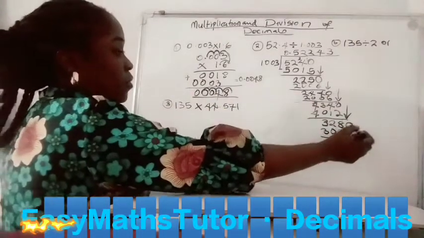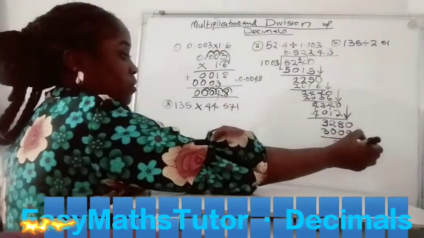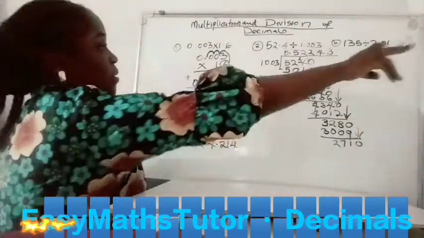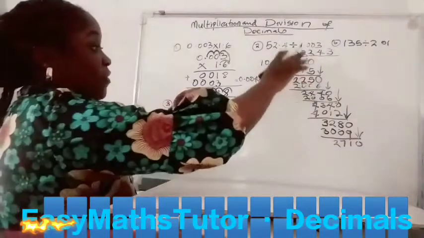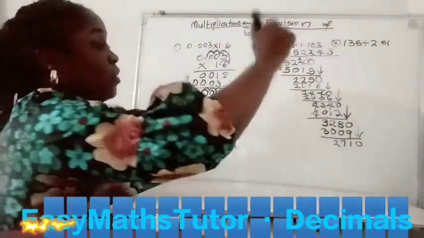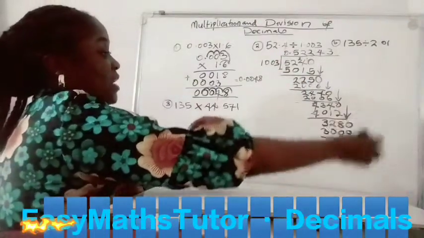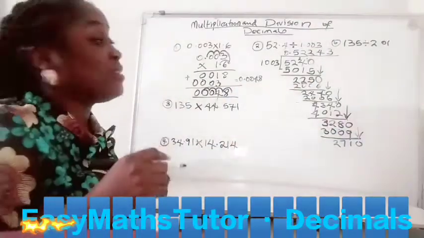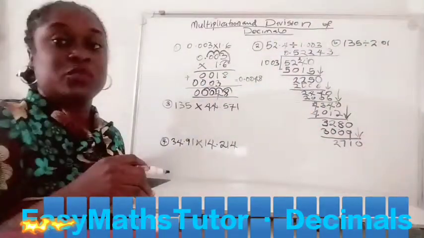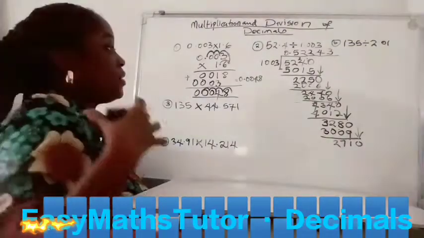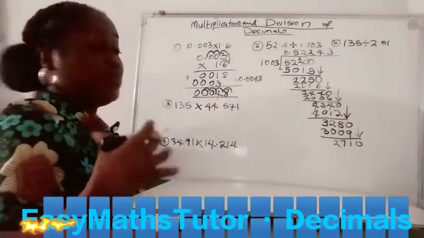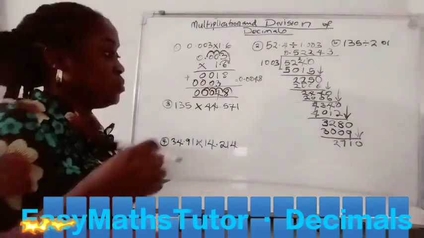We introduce a new 0. This is a recurring decimal. You could do this for the whole day. You find out that you're dividing and dividing infinity times, and you keep on having numbers. So you can choose to stop at any number of decimal places which you choose.